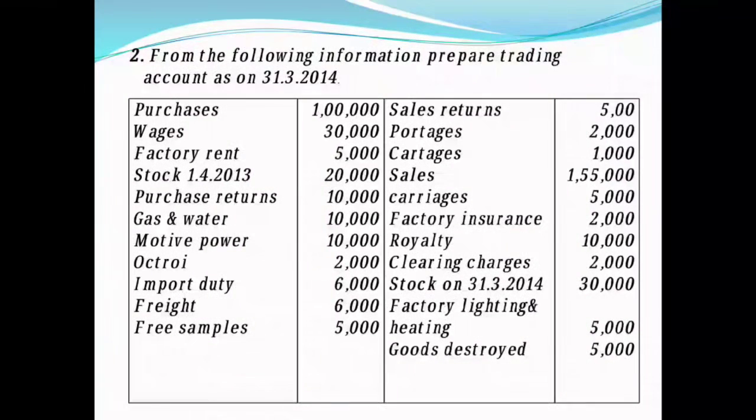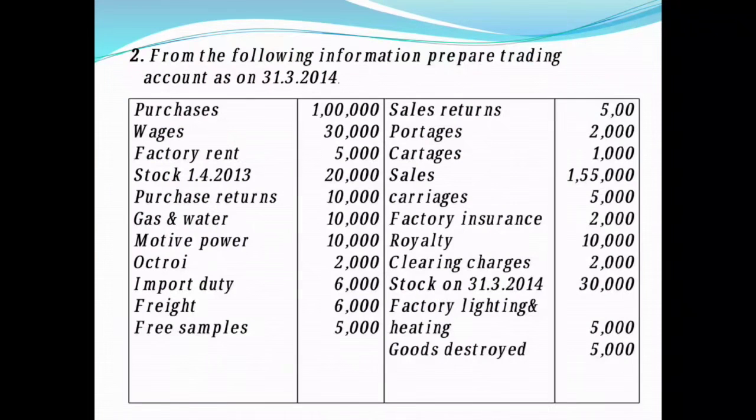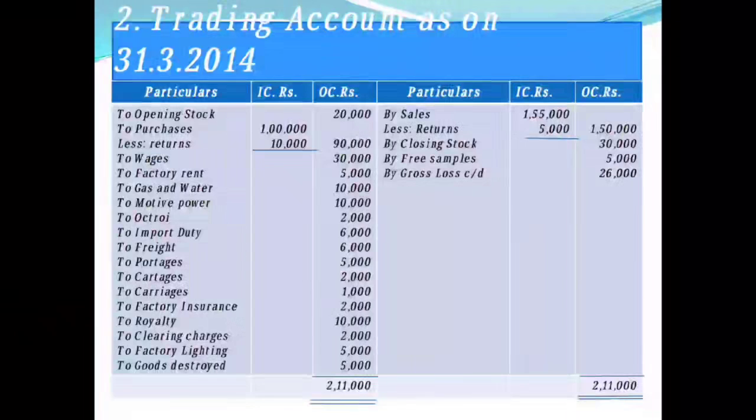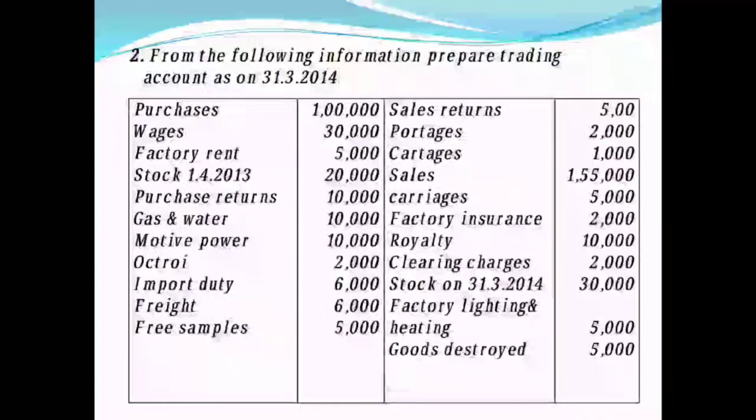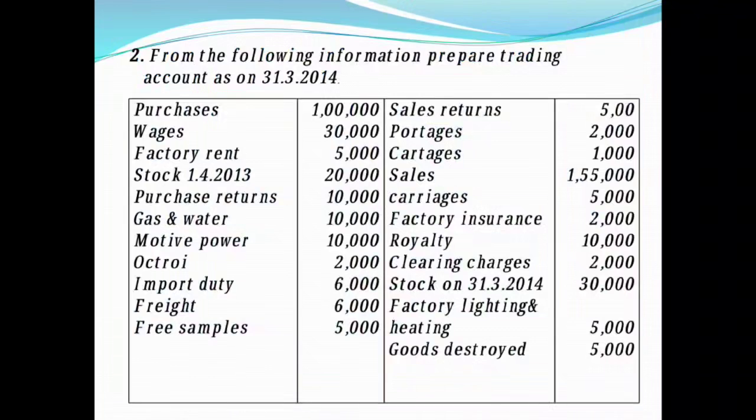Then factory insurance rupees 2,000, debit side you should record to factory insurance rupees 2,000 here. The next you have royalty rupees 10,000, which you record debit side to royalty rupees 10,000, because royalty is rent paid. The next you have clearing charges 2,000, again an expense, so debit side to clearing charges rupees 2,000.